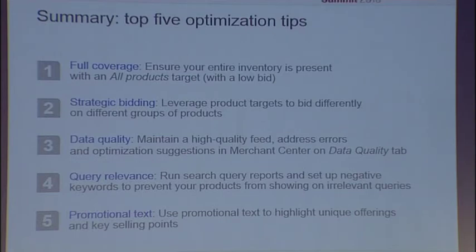Second thing, make sure that you bid strategically. You should decide which ad group is going to serve your product based on the bid. And you should know, of course, that some products are going to be worth investing more than others.